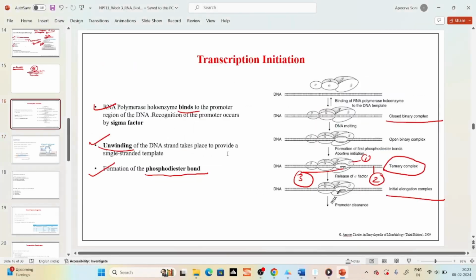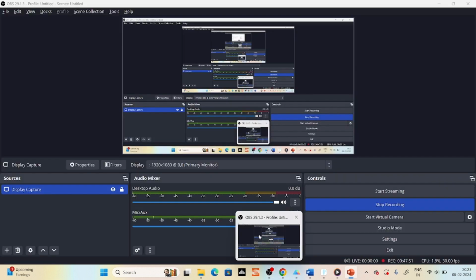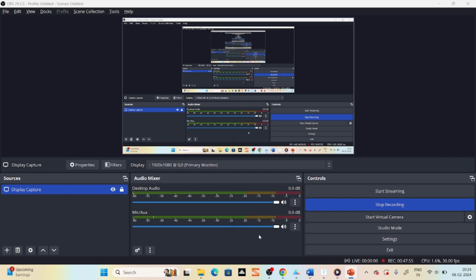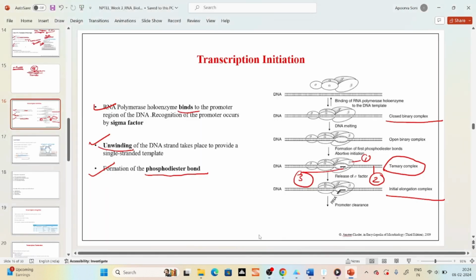Why can it not continue with the sigma factor? Think.